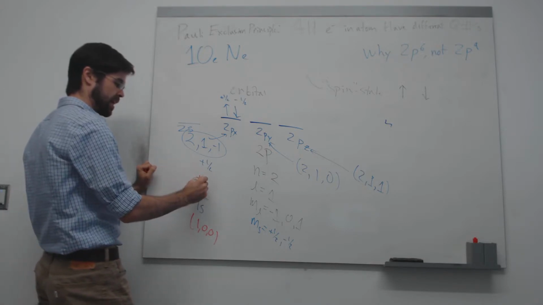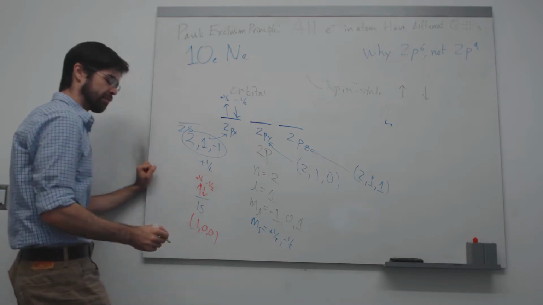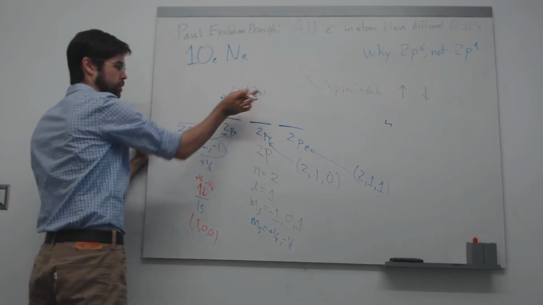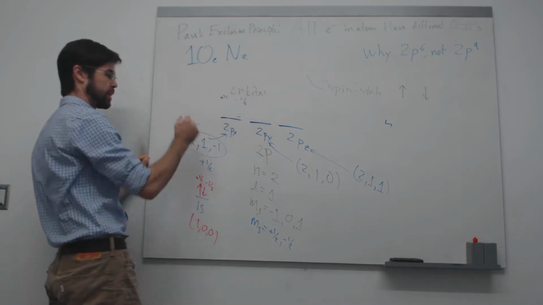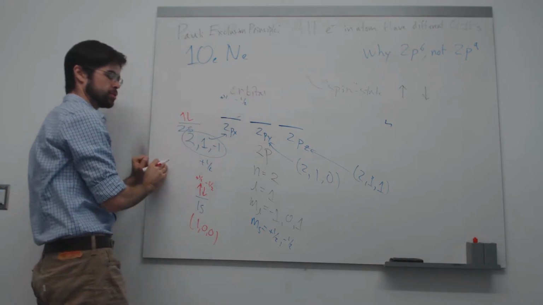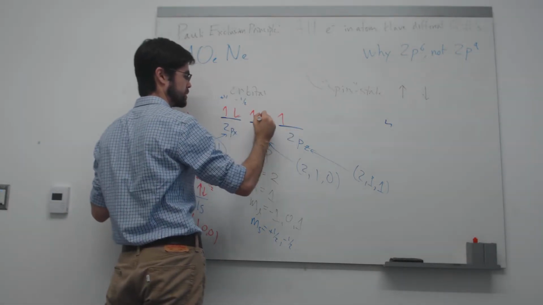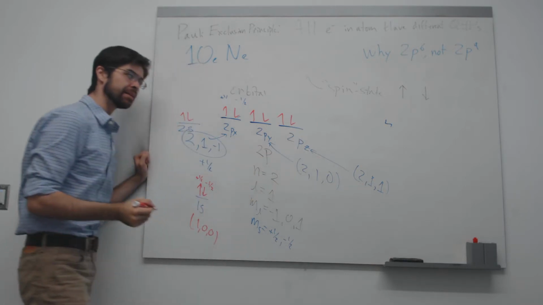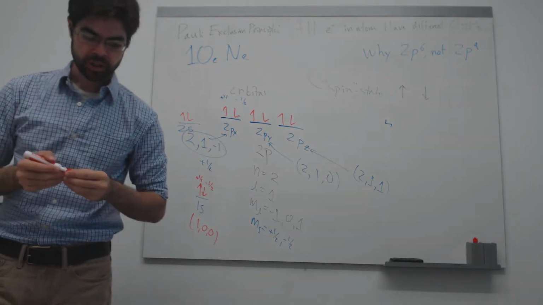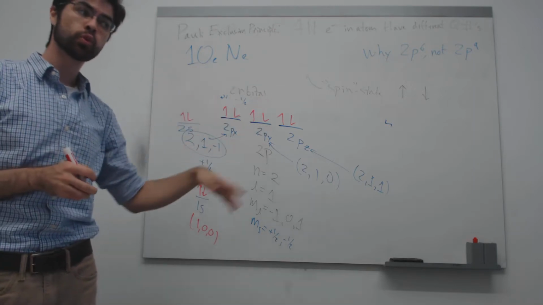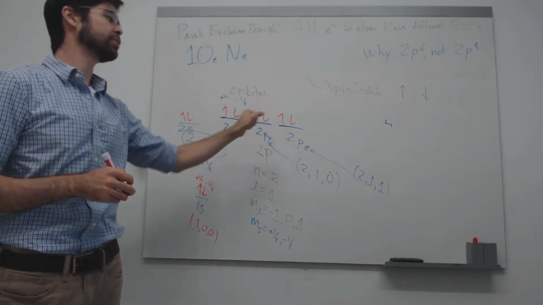They can be +1/2 or -1/2. We're still going to fill up all these orbitals in order. So I have 2 of them in the 1s, 4 of them in the 2s, and then 5, 6, 7, 8, 9, and 10 for neon. So I applied the Aufbau principle, and I've applied Hund's rule, where I half fill the orbitals before completely filling them.